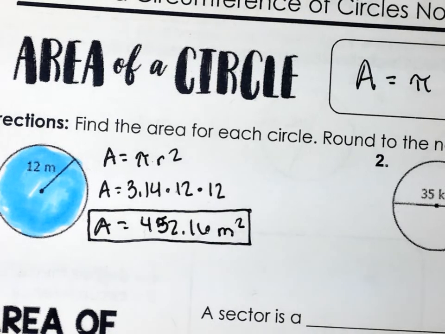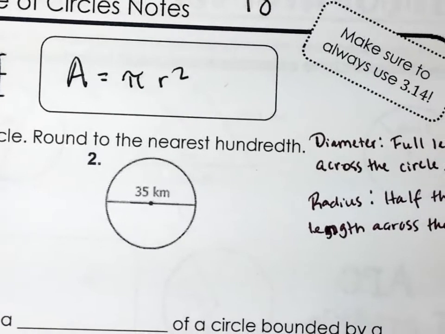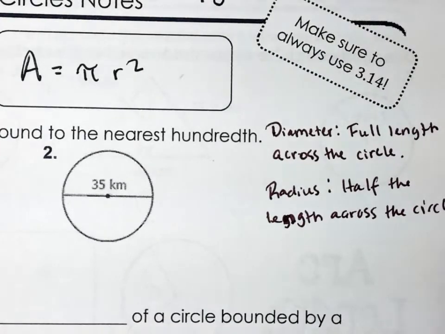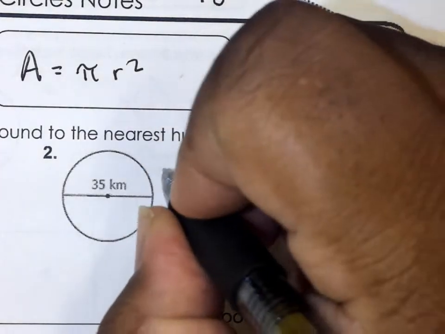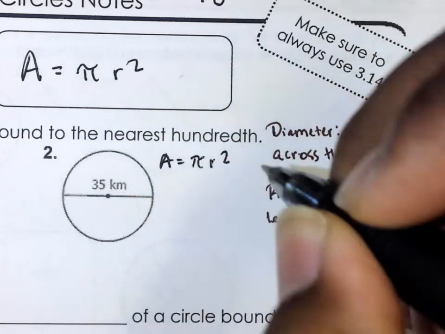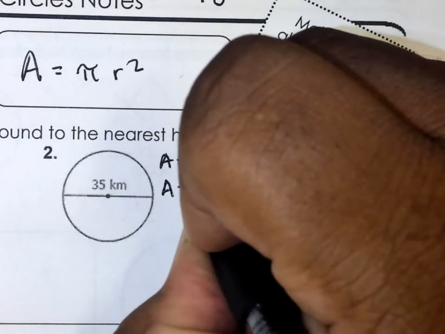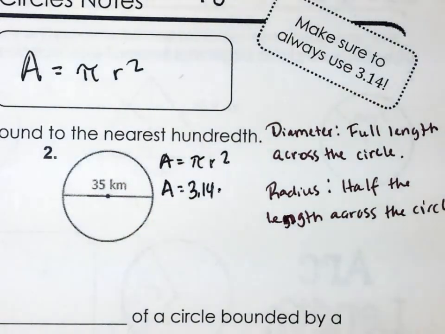Alright, sliding over. Number 2, area equals pi r squared. So 3.14 times Reese. What's my radius?